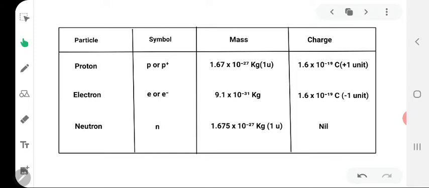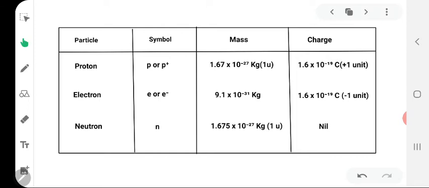So now we understand that electrons, protons and neutrons are the 3 elementary particles which constitute an atom. These elementary particles do not have any identity as such. The atom is still the smallest particle of matter which is involved in chemical combination with other atoms. Protons and neutrons present in the nucleus of an atom are together called nucleons.